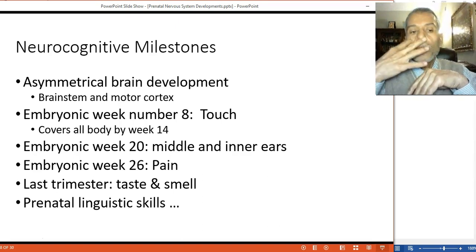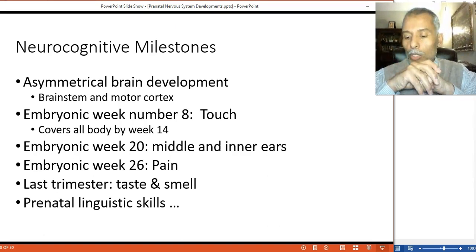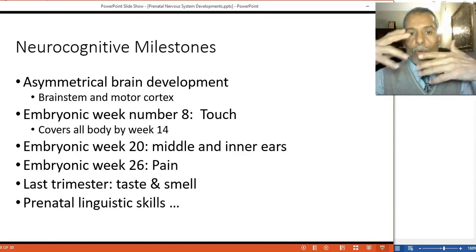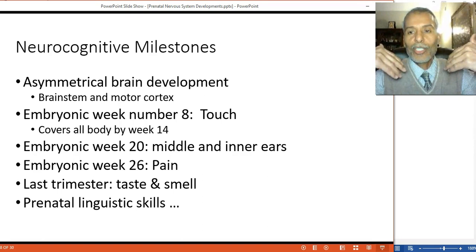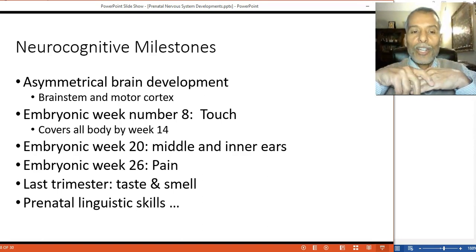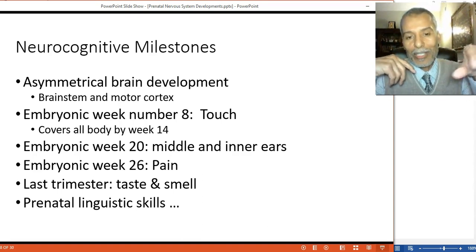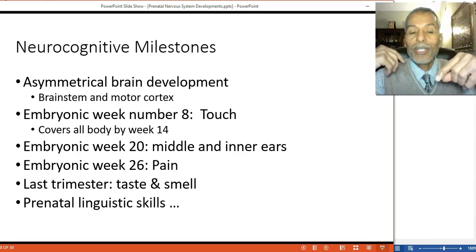And so in terms of linguistic skills, language skills, if a mother reads a certain story while she's pregnant, in the last trimester, research shows that the baby has a preference for these stories that are read during pregnancy.